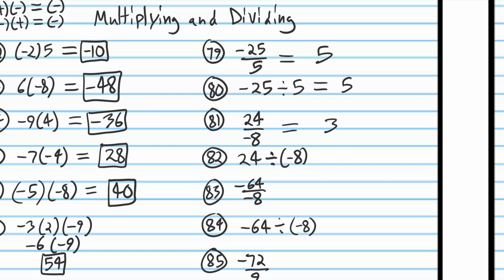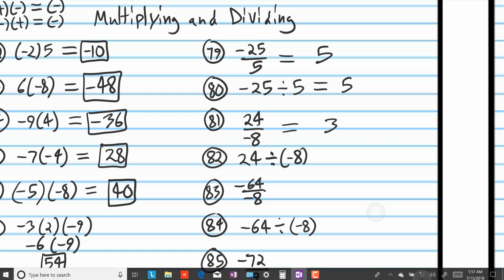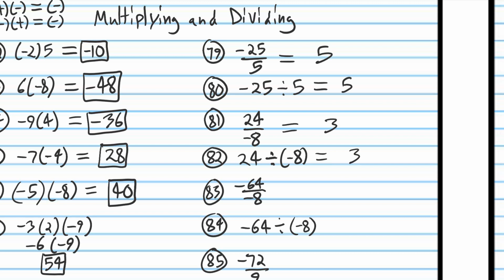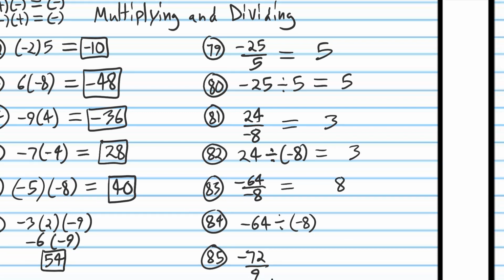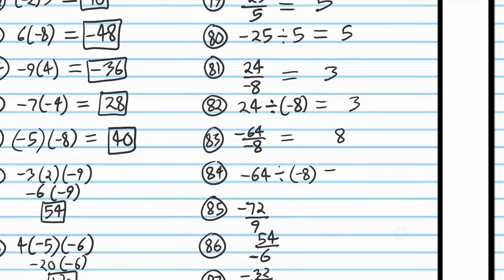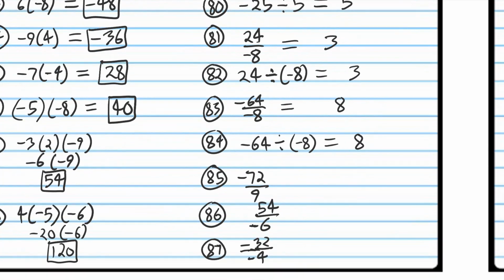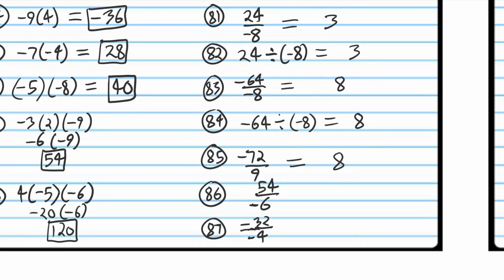So again, it's very easy. We just have to figure out what the signs are. Same thing for this problem. 64 divided by 8 is 8. And 72 divided by 9 is 8. So you can see that this is very, very easy.